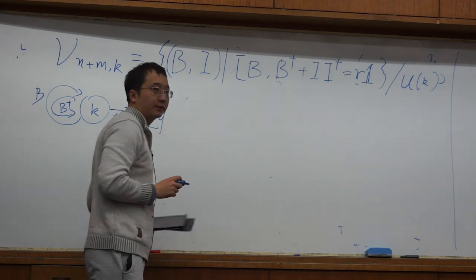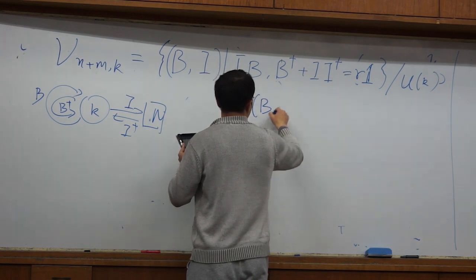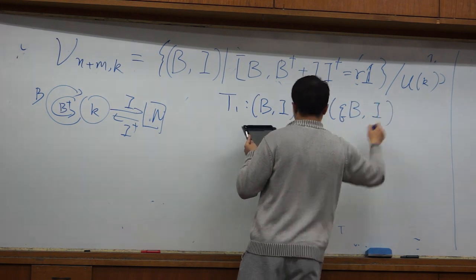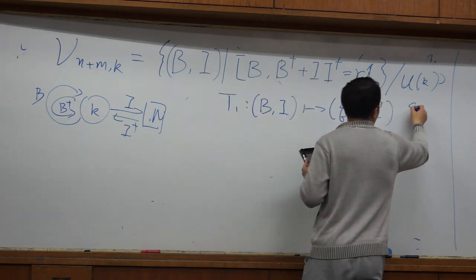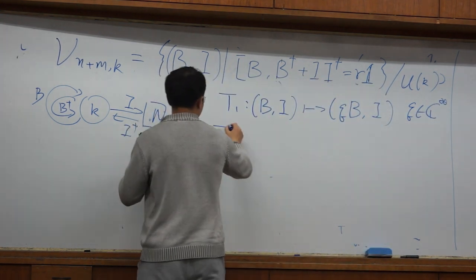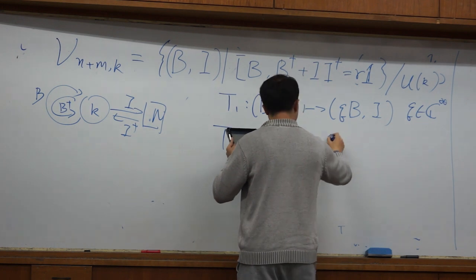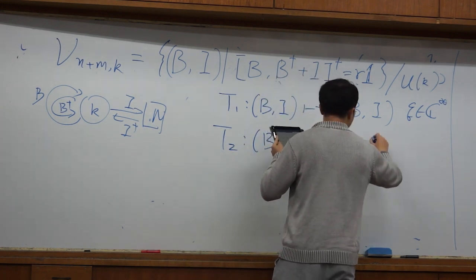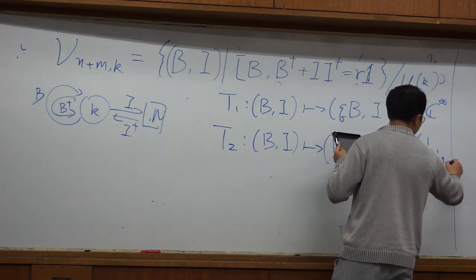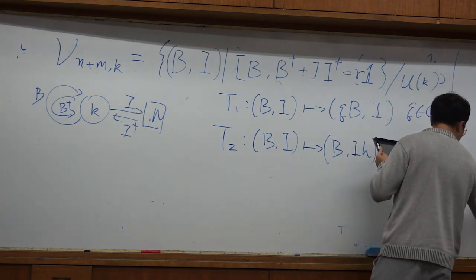So I can define two different actions. One is a T1 action, which acts on B_i, sending B_i to some q times B_i, where q is just a nonzero complex number. And the second action sends B_i to B_i times h, where h is a diagonal matrix with n+1 and m-1.